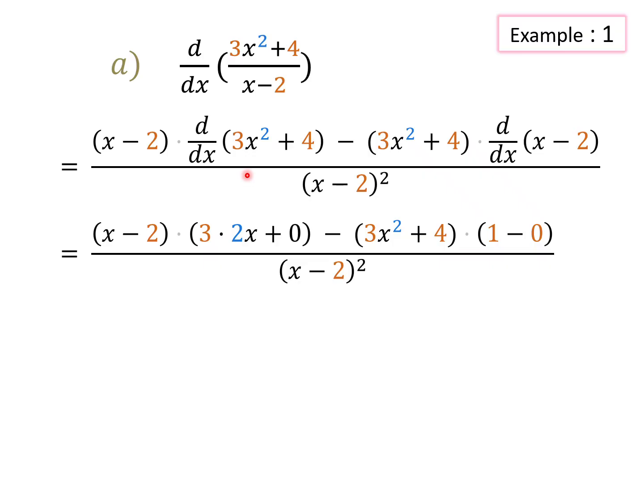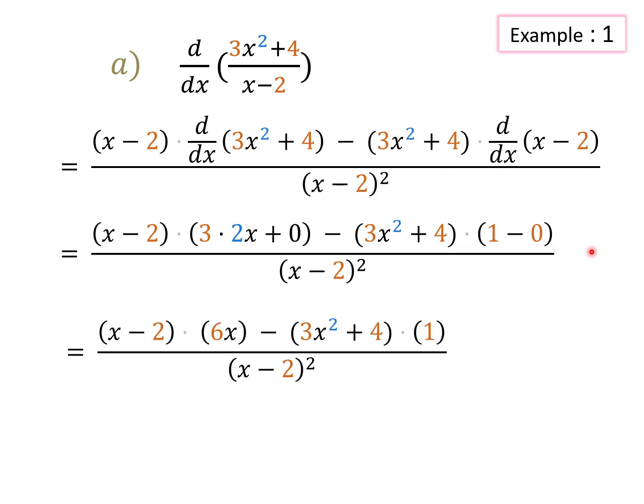Here, when we differentiate 3x square, it becomes 3 into 2x. 3 being constant comes out, differentiation of x square is 2x, and differentiation of 4 being constant is 0. Similarly here, differentiation of x is 1 and differentiation of 2 is 0.